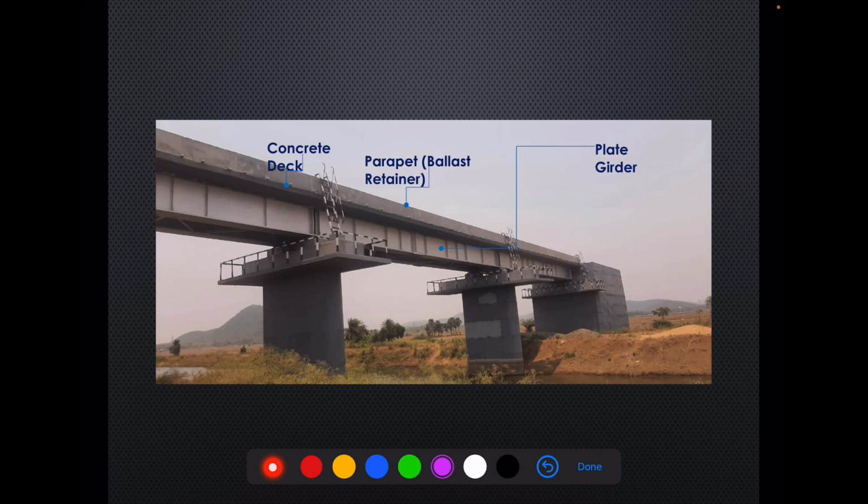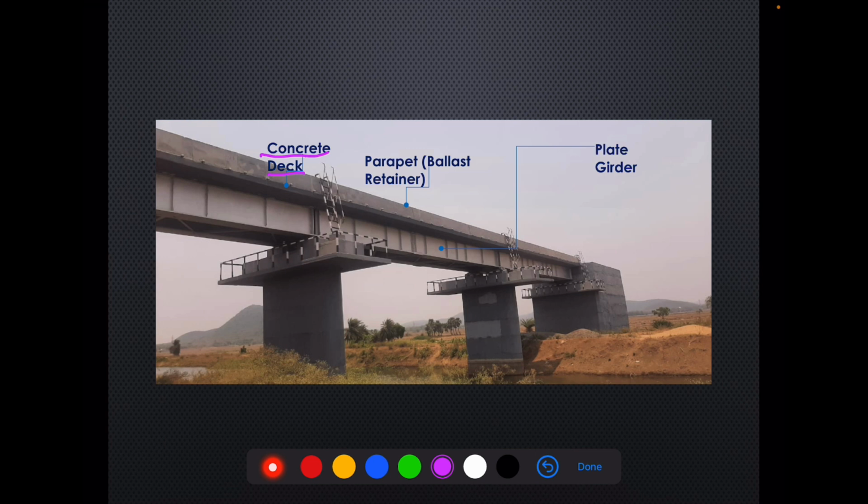This is how a typical composite plate girder looks like. The difference between a plate girder and a composite plate girder is that here, above the girders, there is a concrete deck which is provided over the girders.